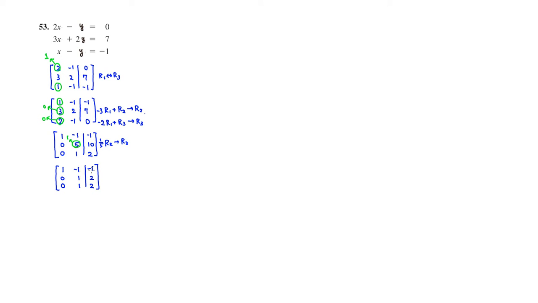So now we got 1 here. Then you have to turn everyone else in that column into 0. We want that guy to be 0, and we want this guy to be 0. So do the same trick. 1 is sitting on row 2, and what you do is multiply this by the negative of the number you want to get rid of, in this case -1, so it's going to be +1, and add it to row 1.